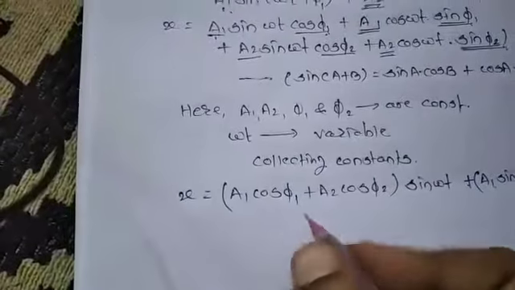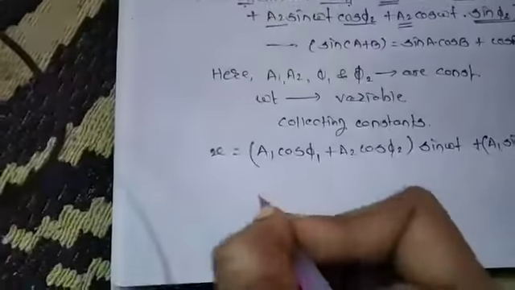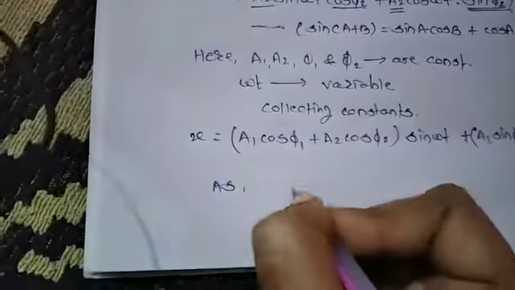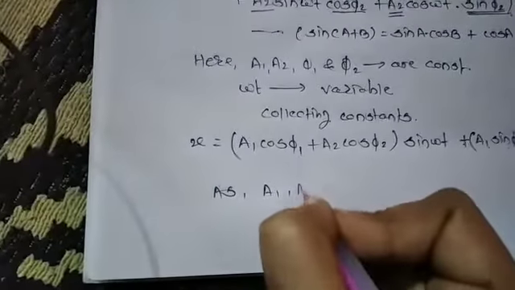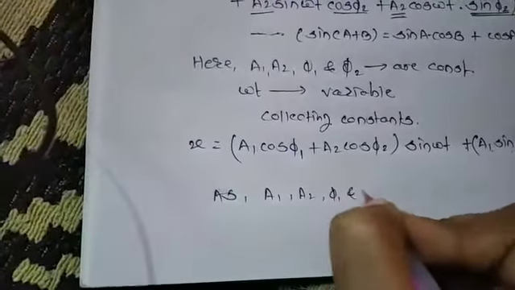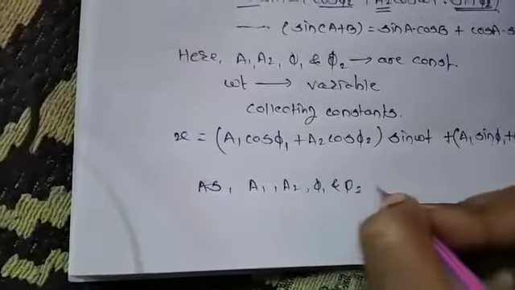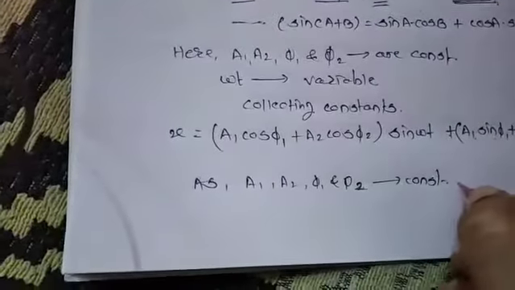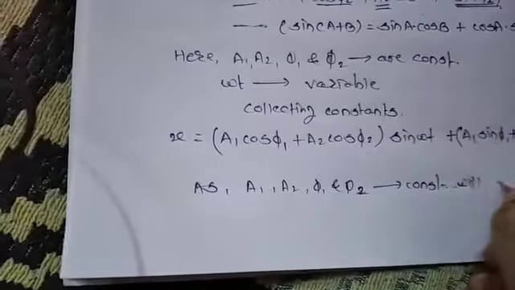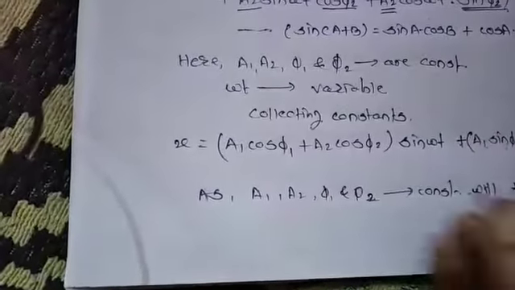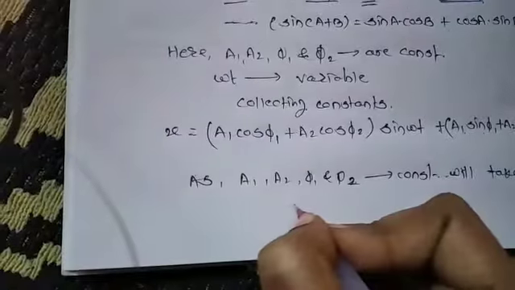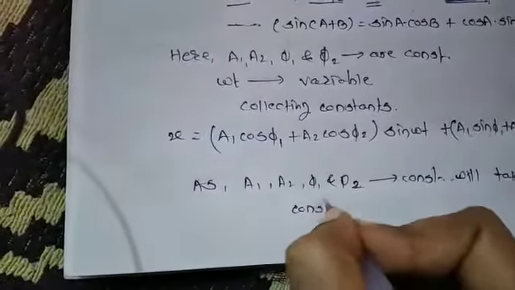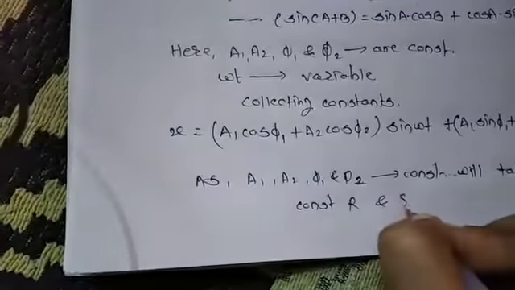So as we know, the constants are A1, A2, phi1 and phi2. These are constants. So we'll take constants R and delta for that.